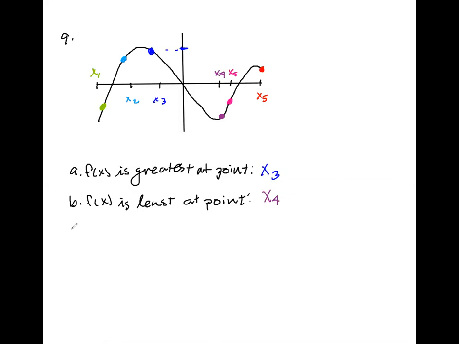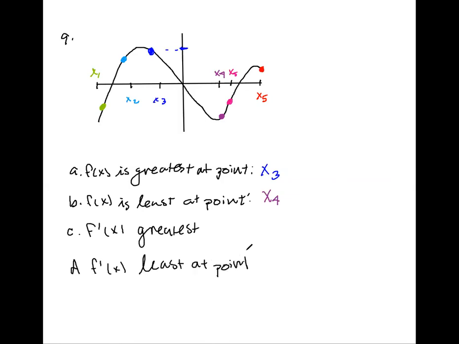So now we get to ask the question, where is f prime of x greatest? And where is f prime of x least? Any ideas? Greatest would be x5, right? What do you think, x5?